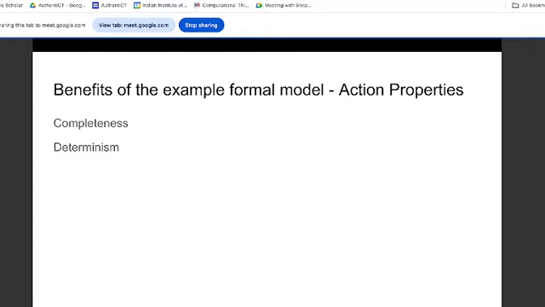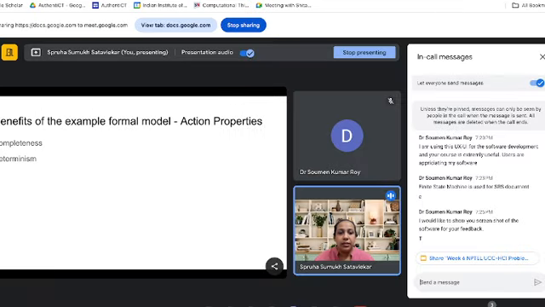The other one is determinism. Determinism is basically finding out which state results. There are some models in which you perform the same operation but you reach a different state. For example, if I use the escape key in this presentation, I will be going out of the slideshow mode, right?